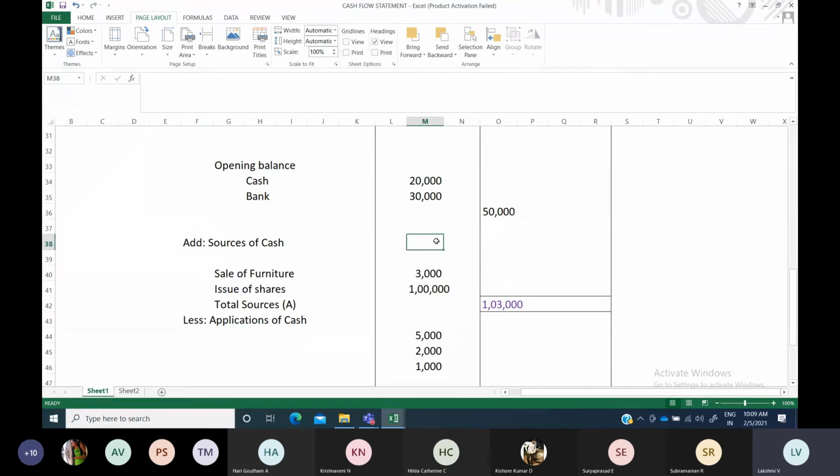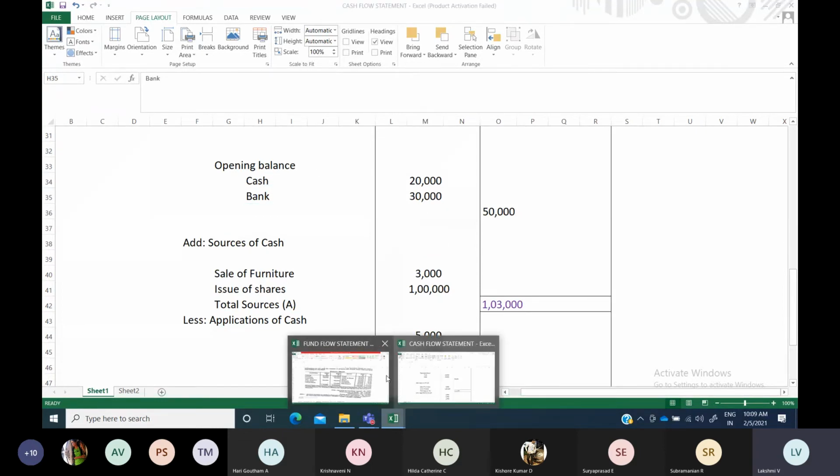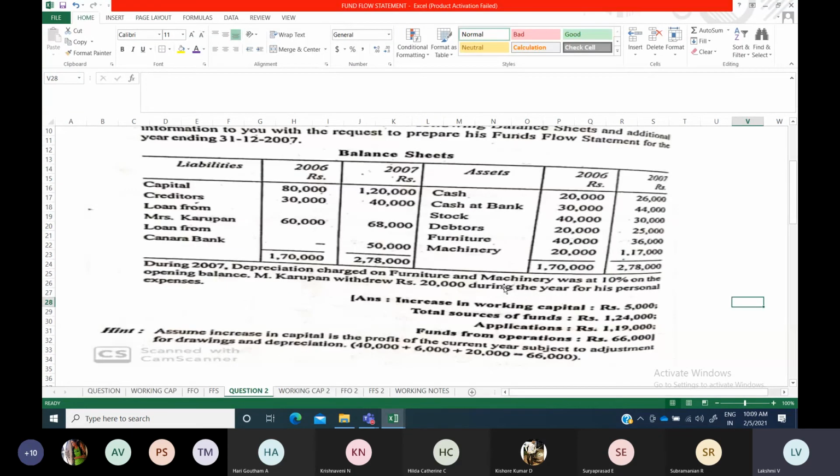Okay, so if you are getting bank overdraft instead of cash, the bank overdraft being in liabilities in the question, your cash at bank, cash anything will not be there. Only one item, bank overdraft, will be there. That only you can take as the opening balance. The closing balance you can find out as the answer after working out the cash flow statement.